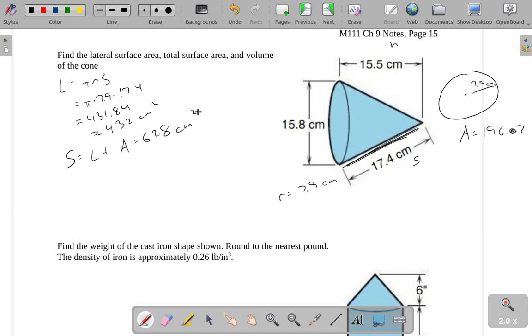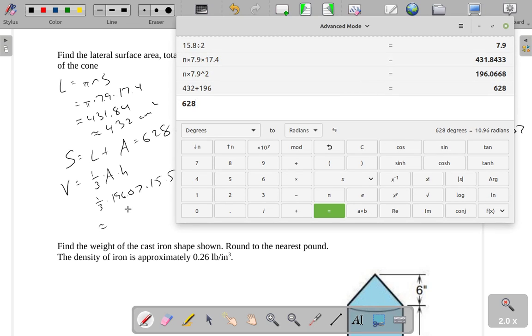And then for my volume, this is 1/3 times the area of the base times the height, except the area of the base is pi r squared. Actually, I guess we already have it. I have it over here, 196.07, times the height, which is 15.5. So this gives me 1 divided by 3 times 196.07 times 15.5.